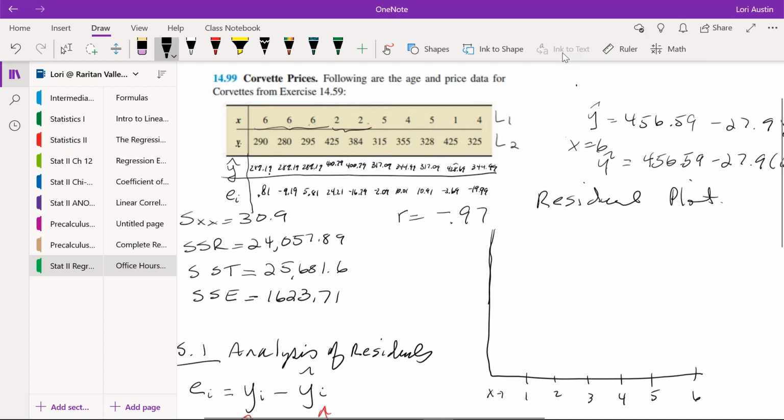Now we're going to kind of move our X 0, and we're going to put the 0 line here. Because we're not going to graph any of the Y values, we're going to graph the E values, and we're going to graph them from this 0 line.